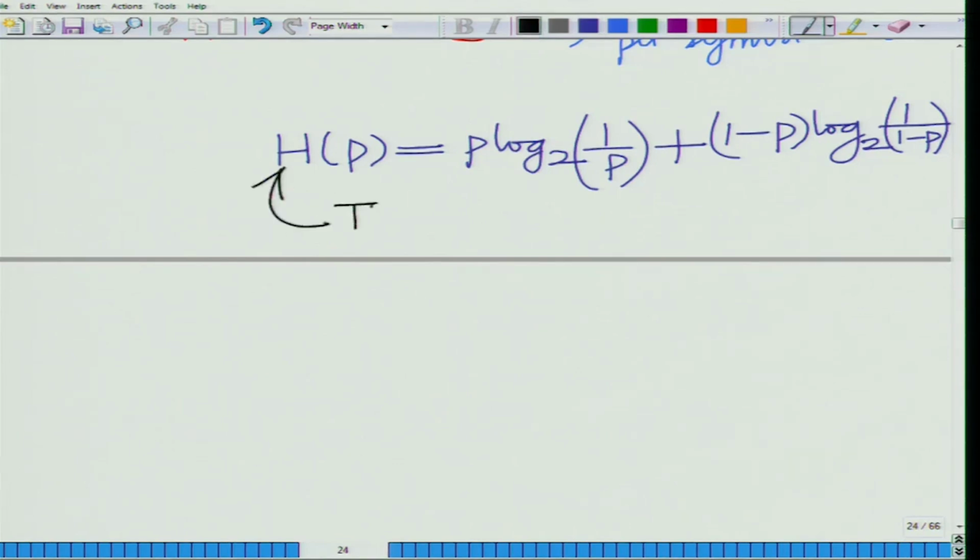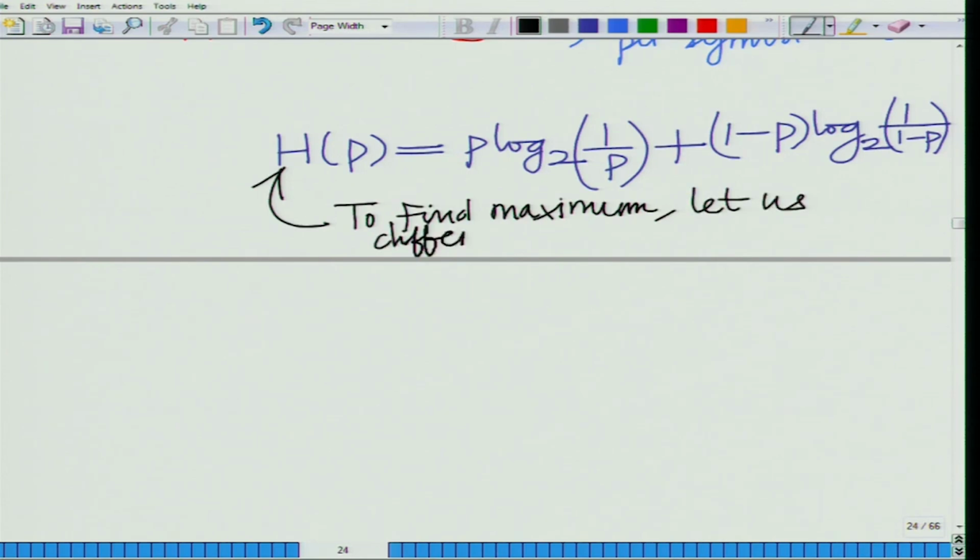To find the maximum, let us differentiate with respect to p.